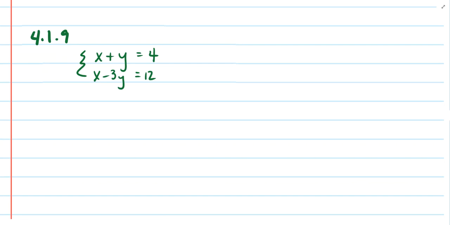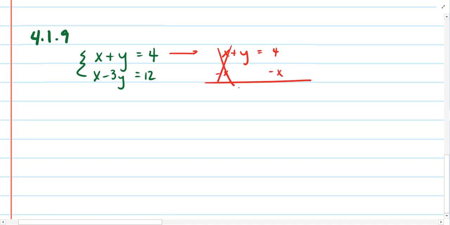Well, the first thing we have to do is rewrite each function, and we do that by getting y by itself. So if I jump off to the side here, I might say that x plus y is equal to 4, but if I subtract x from both sides of the equation, then I'll be left with y by itself is equal to negative x plus 4.